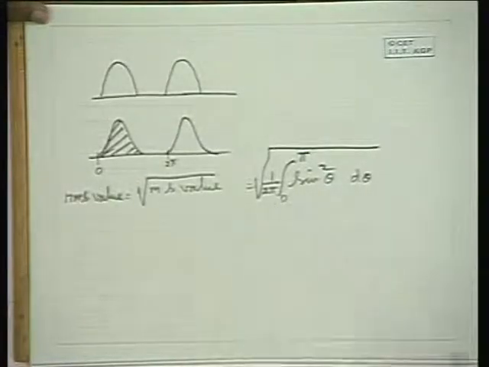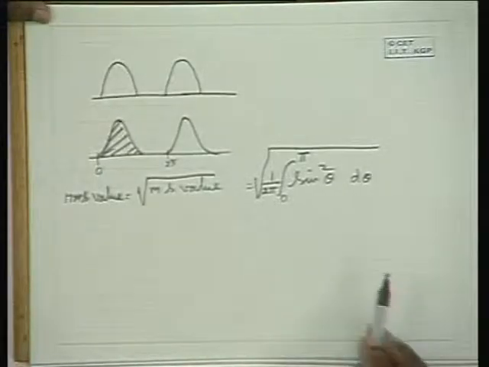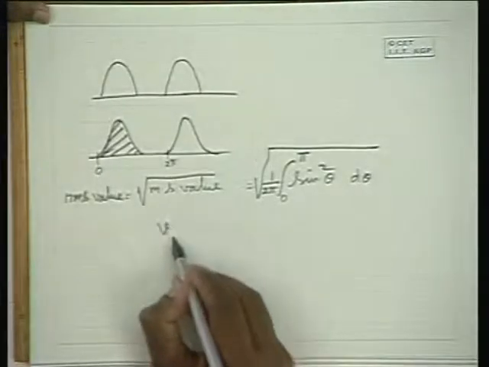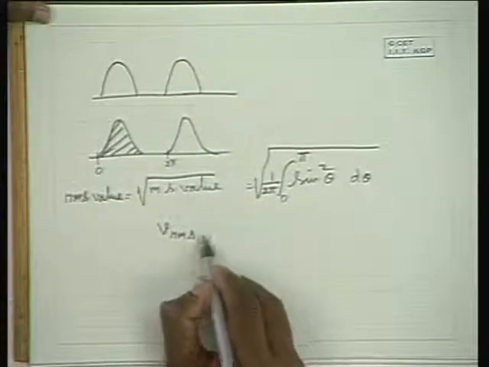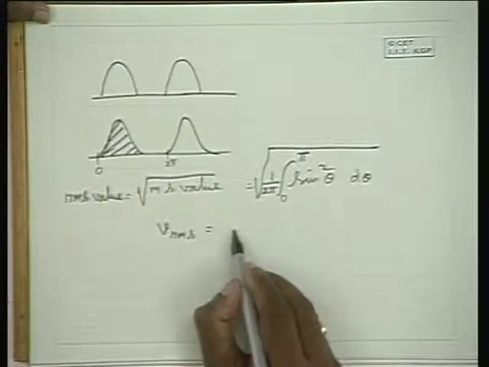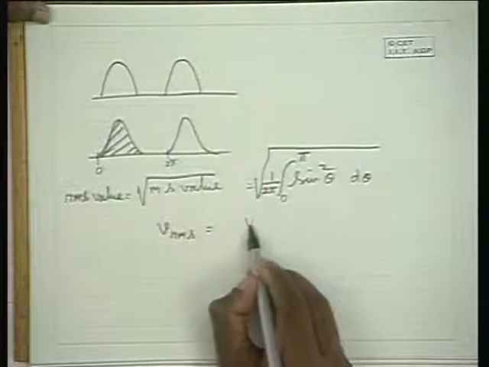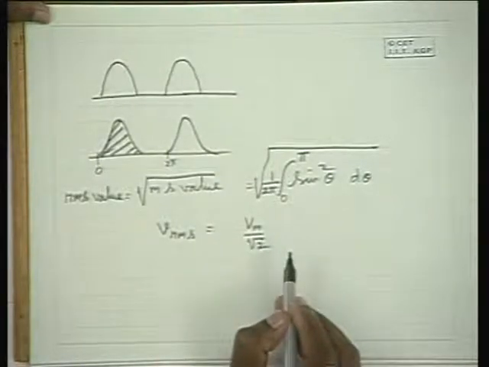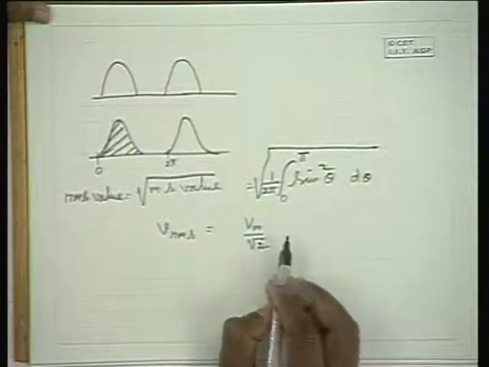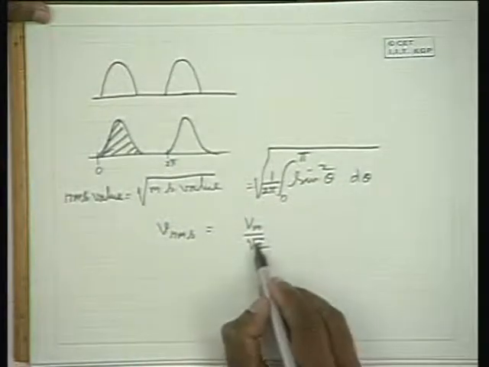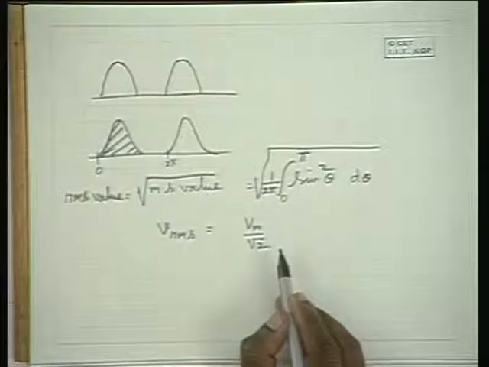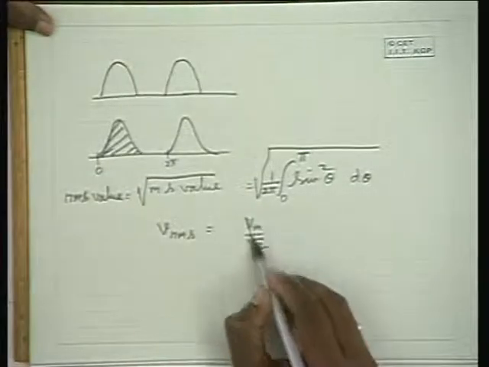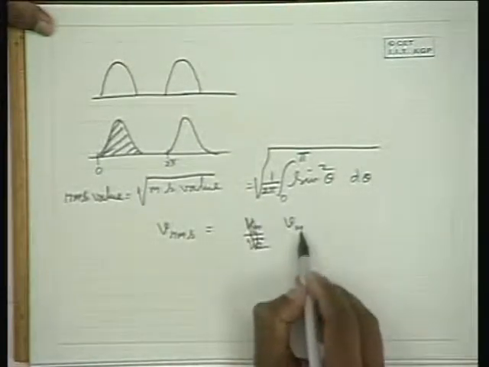The same way you can determine the RMS value of the full wave rectified waveform also. Earlier it was Vm by 2 root 2, and in this case it is Vm by 2.